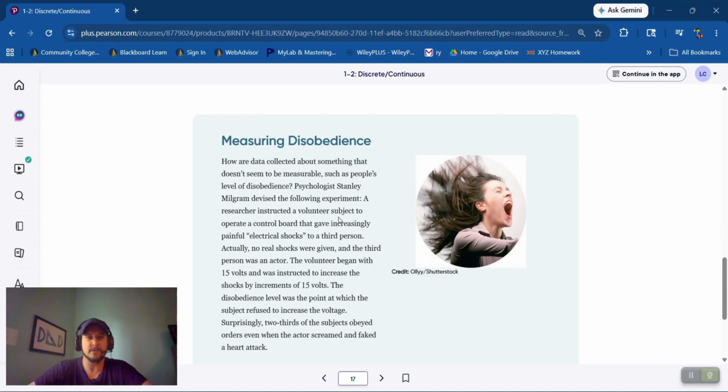The researcher instructed the volunteer subject to operate a control board that gave increasingly painful electrical shocks to a third person. Actually, no real shocks were given, and the third person was an actor. The volunteer began with 15 volts and was instructed to increase the shocks by increments of 15 volts. The disobedience level was the point at which the subject refused to increase the voltage. Surprisingly, 2/3 obeyed orders even when the actor screamed and faked a heart attack.